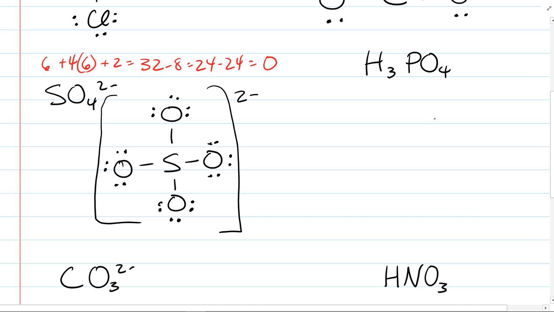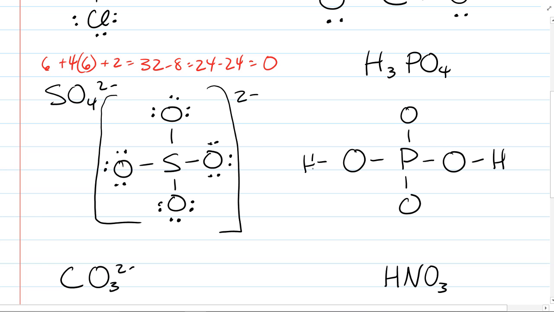So which element are we going to put in the center on this one? Phosphorus goes in first. What are we going to surround the phosphorus with? Oxygens. How many oxygens? 4. And then we have hydrogens. Where do we put the hydrogens? On the oxygens, right. So we do something like this right here.